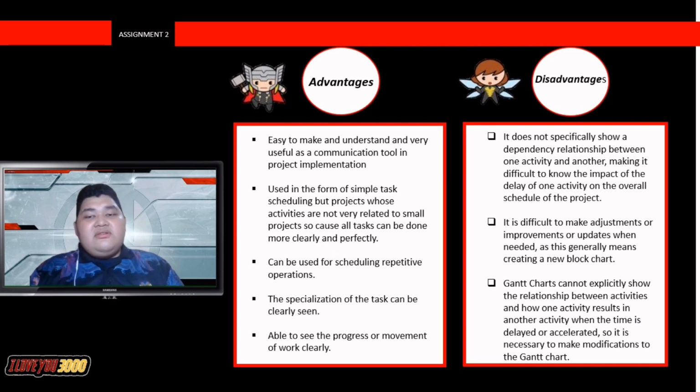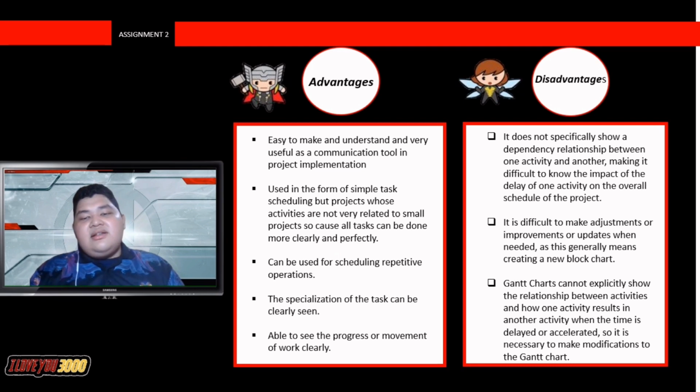Okay, next we go to disadvantage. 1. This does not specifically show a dependency relationship between one activity and other, making it difficult to know the impact of the delay of one activity on the overall schedule of the project.